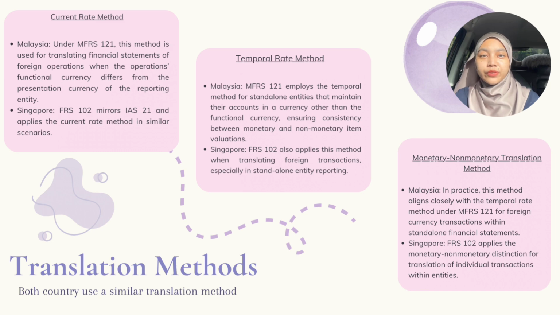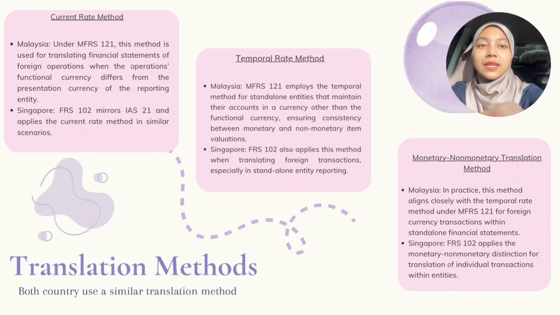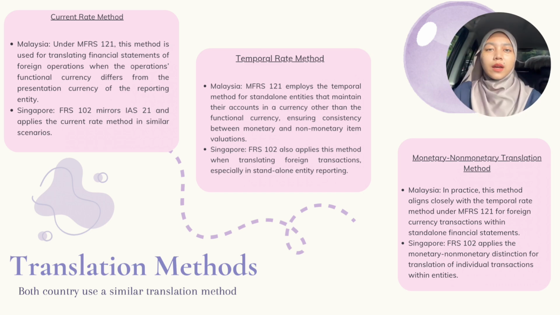Okay, number 3, translation methods. Both countries utilize similar translation methods. The first one is the current rate method, then the temporal rate method, and the last one is the monetary non-monetary translation method. Current rate method: all assets and liabilities are translated at the current exchange rate, while equity items retain historical rates.